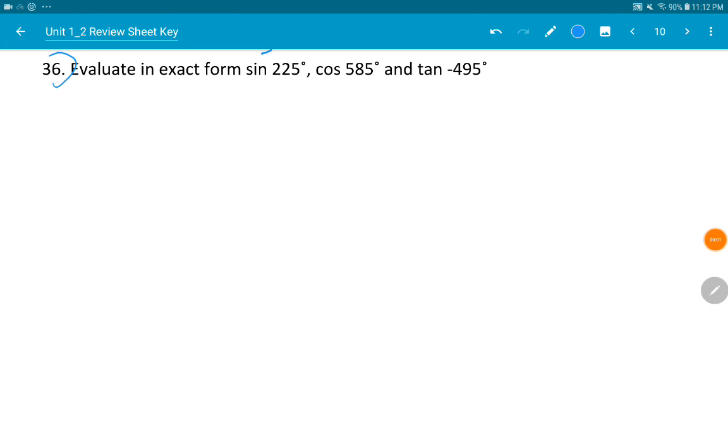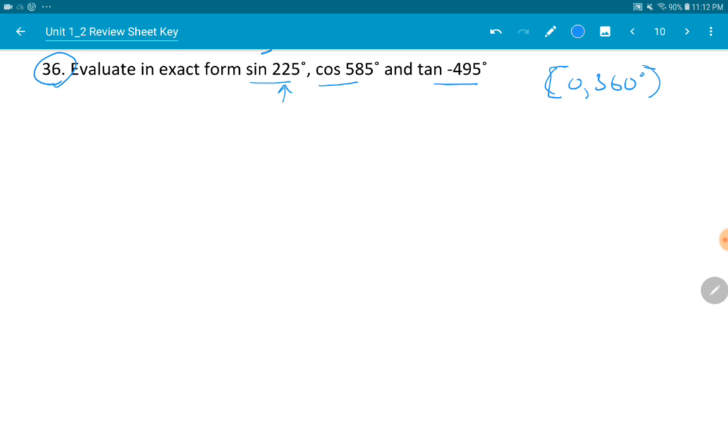Number 36 of the Unit 1-2 review sheet, we're going to evaluate in exact form these three trig functions. So first, let's find a coterminal angle for these three that's between 0 and 360.